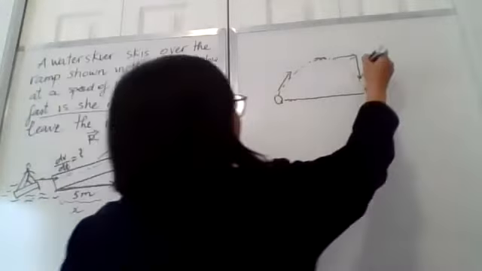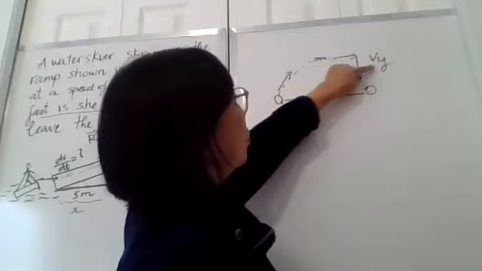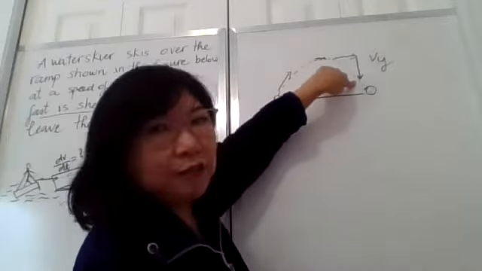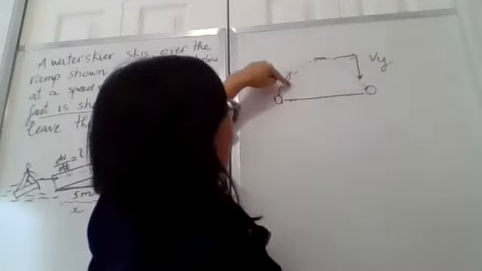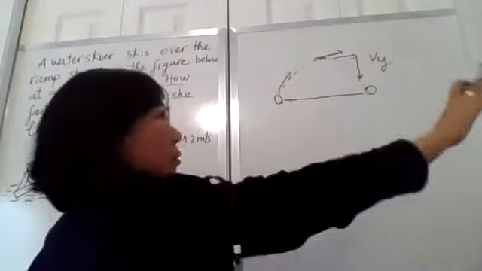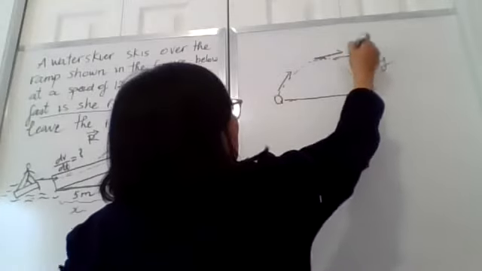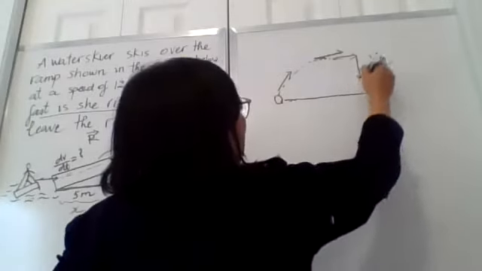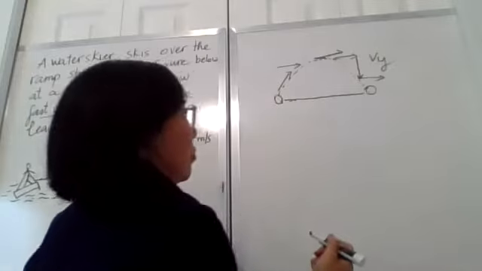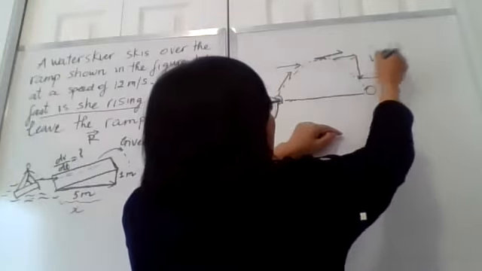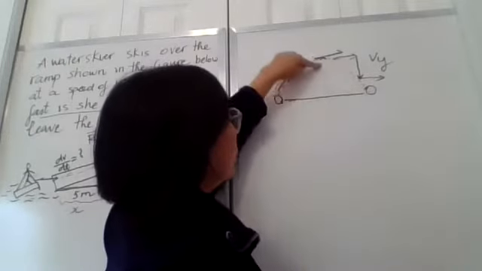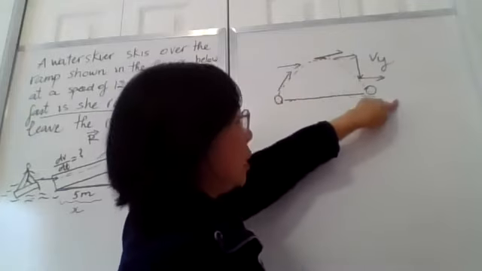This we call Vy, the vertical velocity component, due to the force of gravity. When you throw the ball with a horizontal distance, the horizontal component always stays the same. It never changes. Only the vertical speed will change, due to the force of gravity.